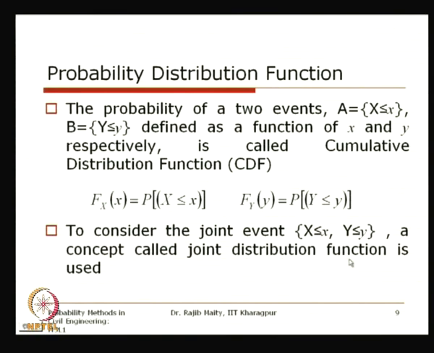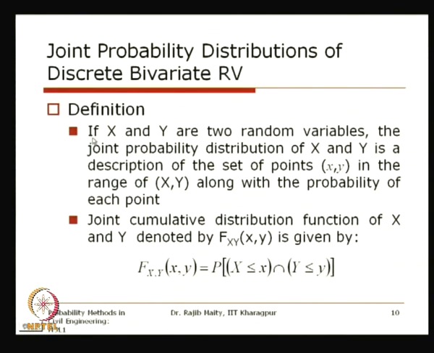If X and Y are two random variables, the joint probability distribution of X and Y is a description of the set of points (x, y) in the range of the random variables X and Y, along with the probability of each point.